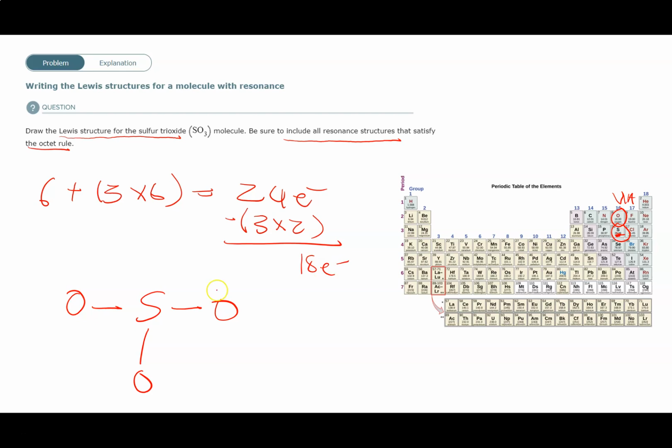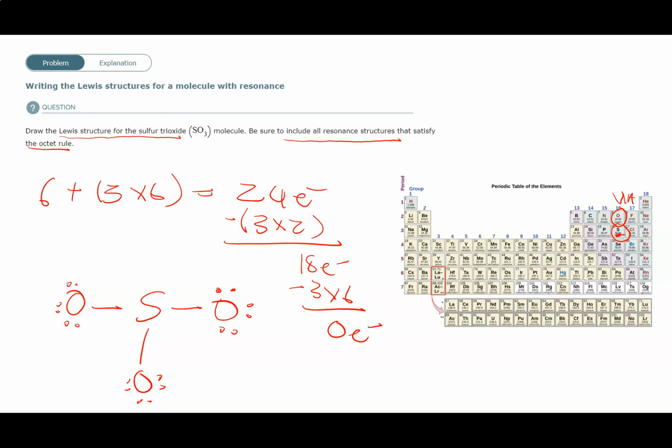Now I'm going to put those electrons that remain as lone pairs on the outer oxygens in order to give every oxygen an octet. There we go. Now every oxygen has an octet, and that used up all of my remaining electrons. So step 5 is not needed. I don't have to put any leftover electrons on my central atom.